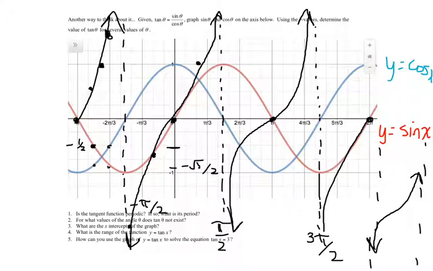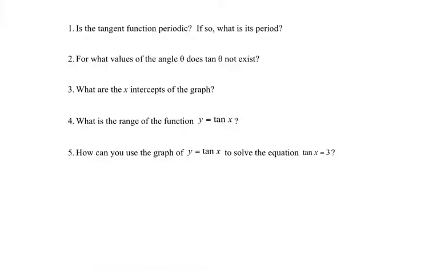So anywhere that cosine is 0, notice that this distance here to here is pi. So I'm repeating every pi. So yes, it is periodic. The period is pi.